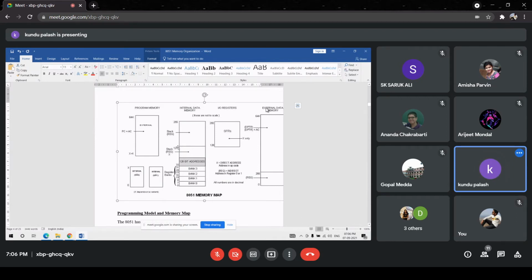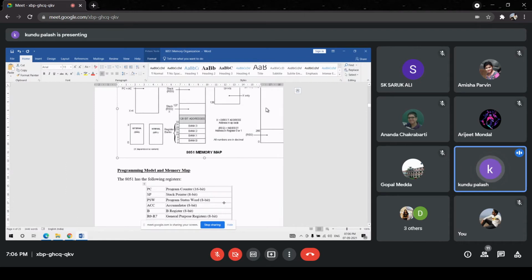Above which, that is from address location 128 to 255 in decimal, these are reserved. There is no provision to access any of these locations. So this reserved area is called the SFR area, special function register. User cannot have access to this area.